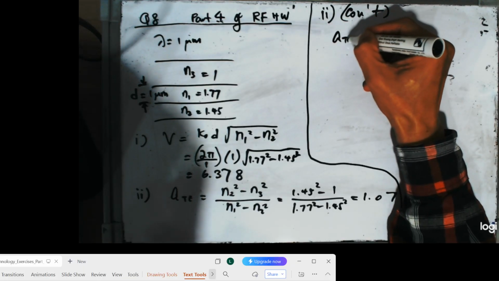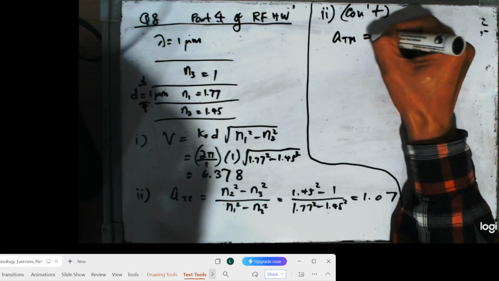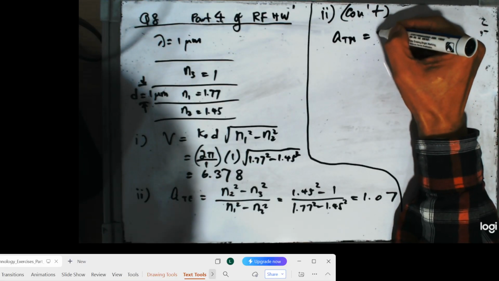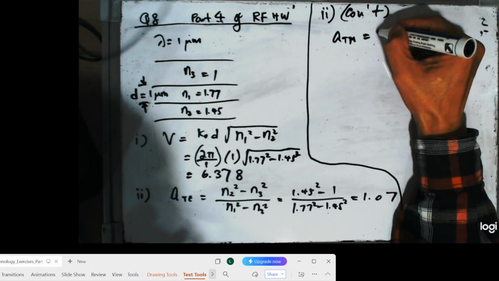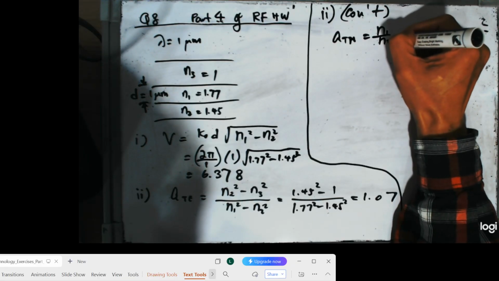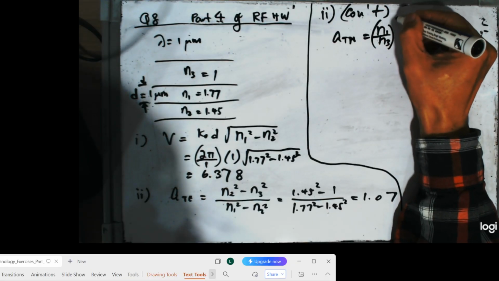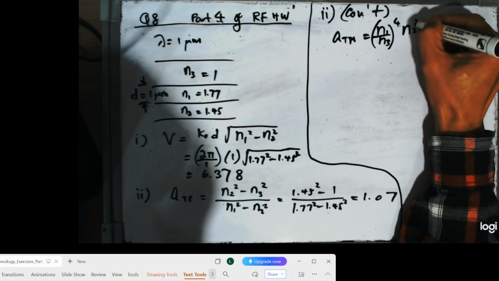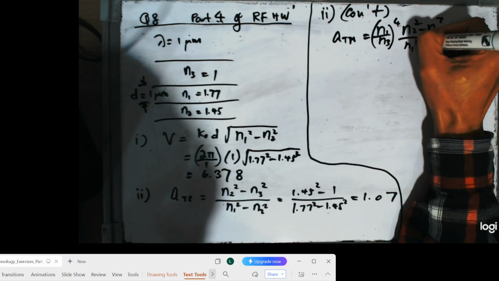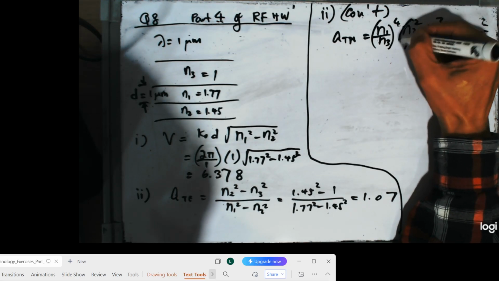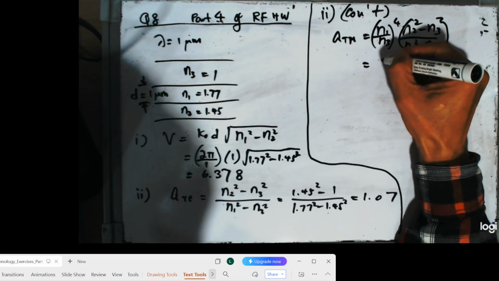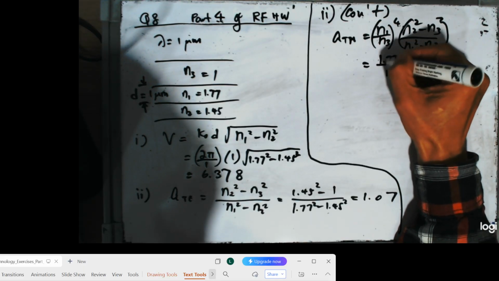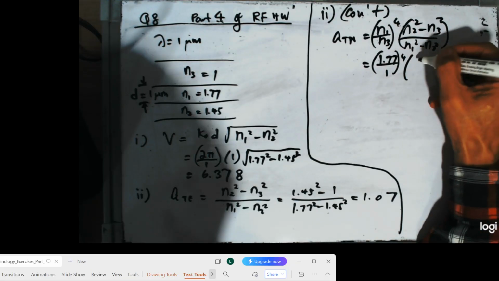ATM is equal to N1 to the power of 4 times, and then this is calculated.